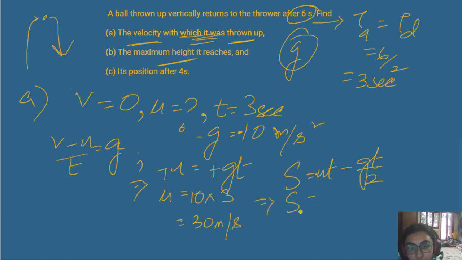So s equals 30 into 3, which is 90, minus 10 into 3 by 2, so here it is 90 minus 15, right?